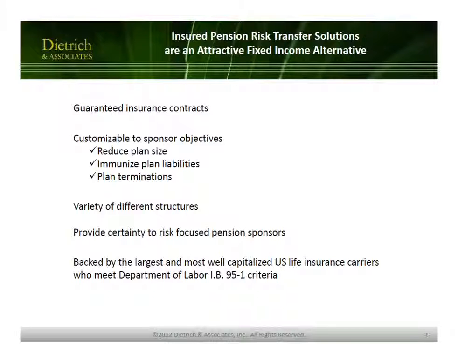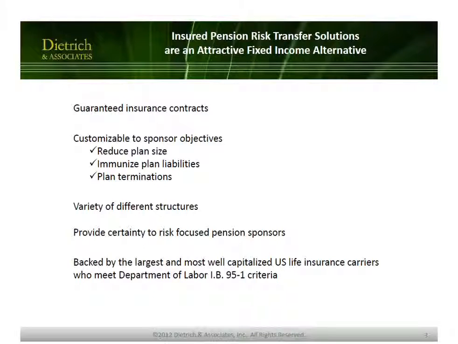And I think the first point is that due diligence is very important. Getting an understanding of the underlying diversity and quality of the investment portfolio, the capital and surplus position of the insurer. We've got DOL 95 up on the slide, so looking at the things that are considered as part of the safest available annuity provider standard are certainly things that folks are going to want to do when evaluating these solutions.